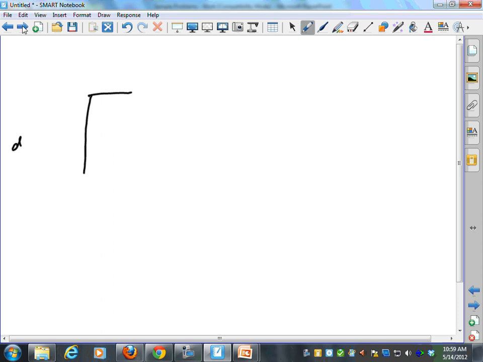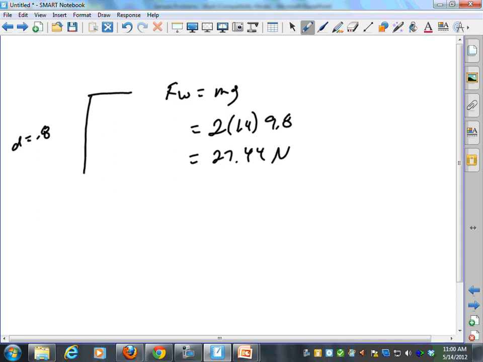So W equals F d. Yeah, we're lifting against the weight force here, right? So I'm going to have 2 times 1.4 times 9.8, or 27.44 newtons of force.